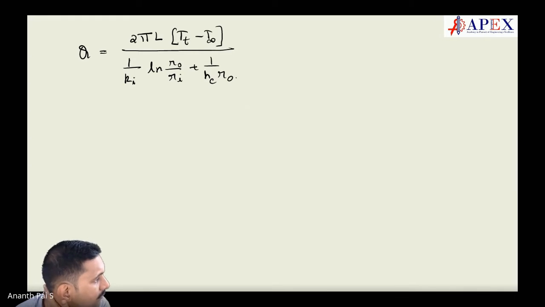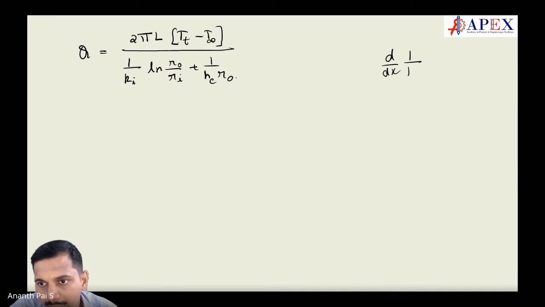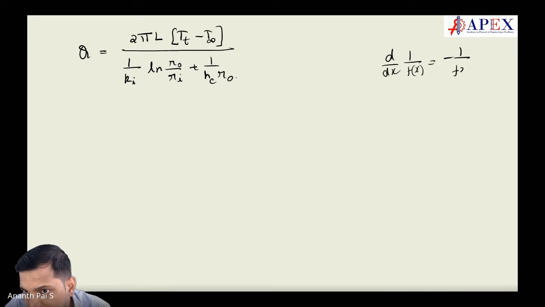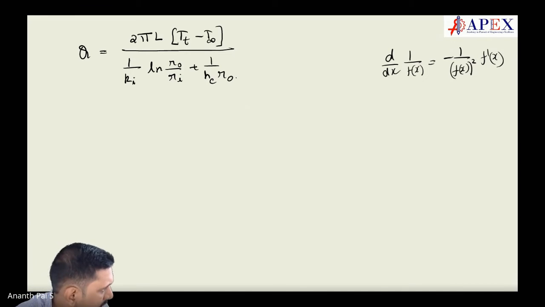Correct, this is the question. Now first thing I am using is d by dx of 1 by f of x would be minus 1 by f of x the whole square into f dash of x. Fine, that's what I'm using.